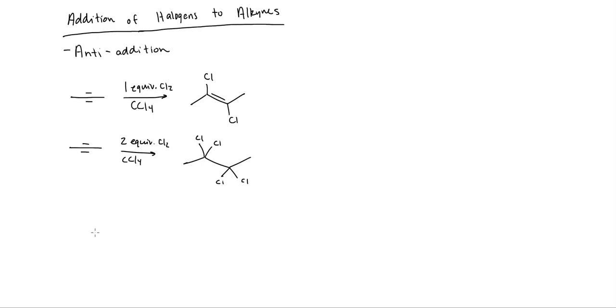So let's take a look at a different alkyne here. If we do one equivalent of Br2 in CCl4, then this is 1, 2, 3, 4, 5, 6, 7 carbons long.